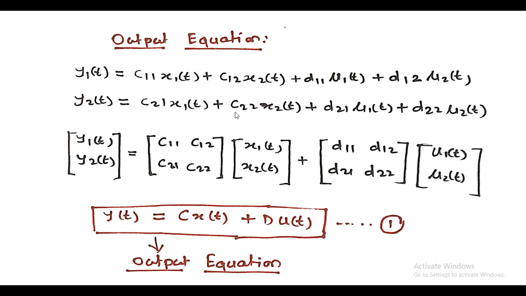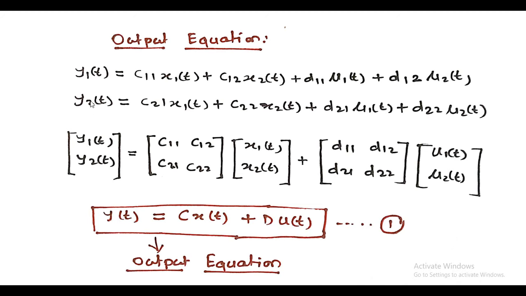Now if you see this matrix, it is represented like this. This is y1, this is y2. Then this C11, C21, C12, C22, these parameters or coefficients I have taken as a simple matrix, and x1 and x2 are represented here.